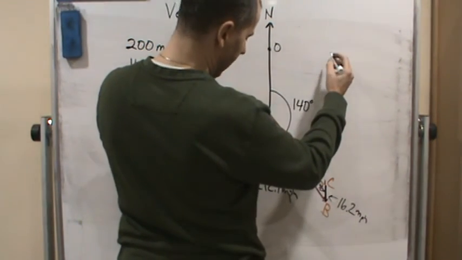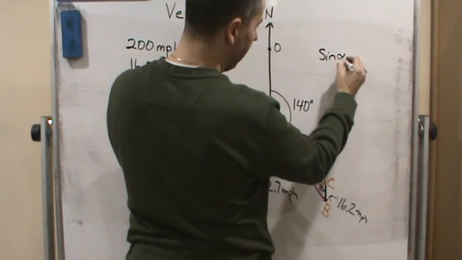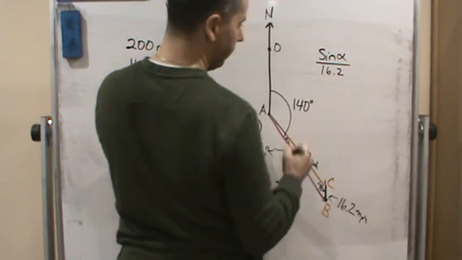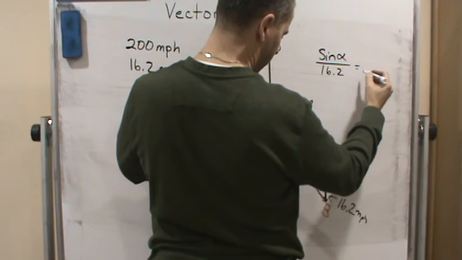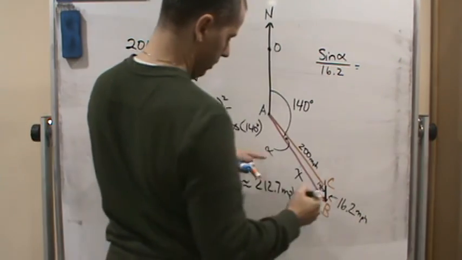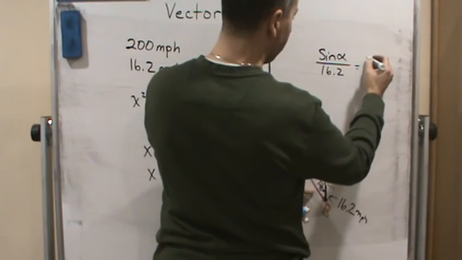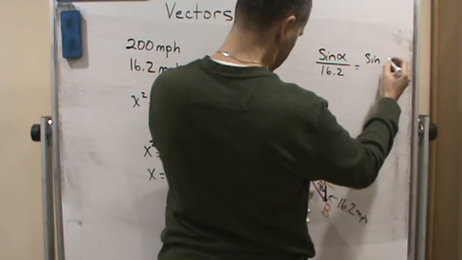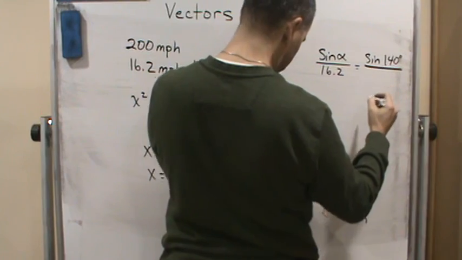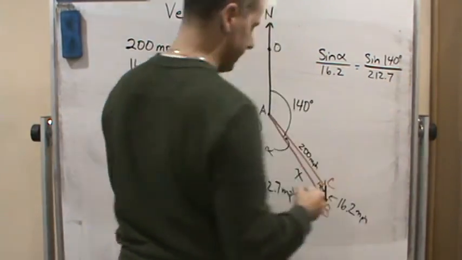So we've got sine of alpha over 16.2 is equal to sine of 140 degrees over 212.7.